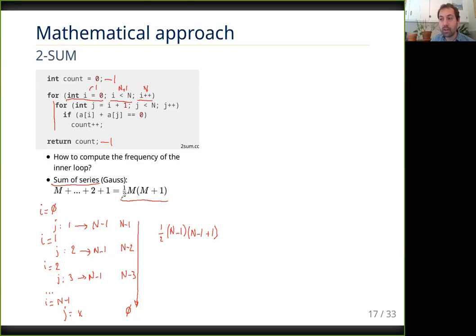I'm really just applying this formula, with m being n minus 1. And so overall, that equals n minus 1 times n. And that's essentially the frequency of operation for this term.